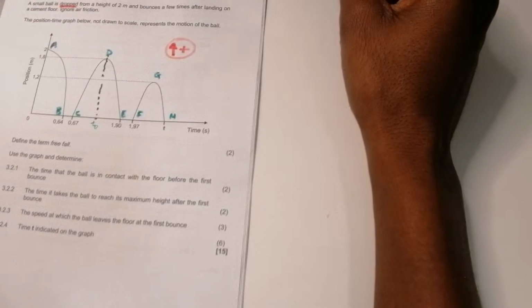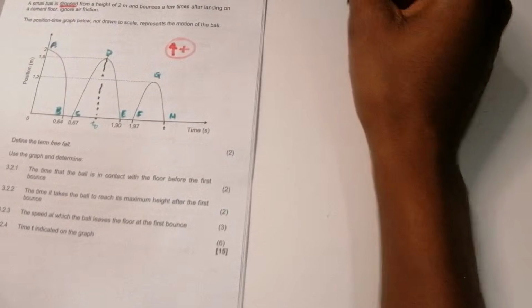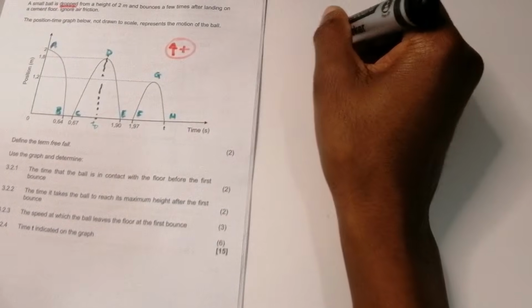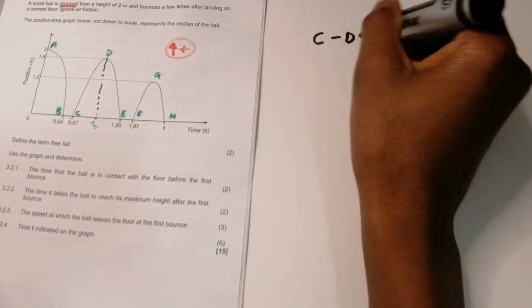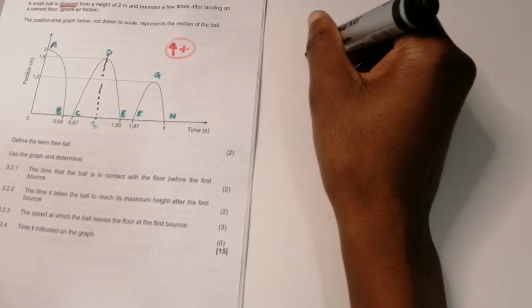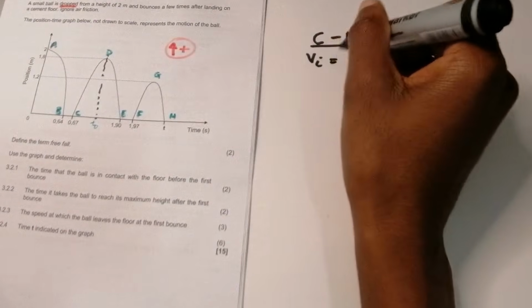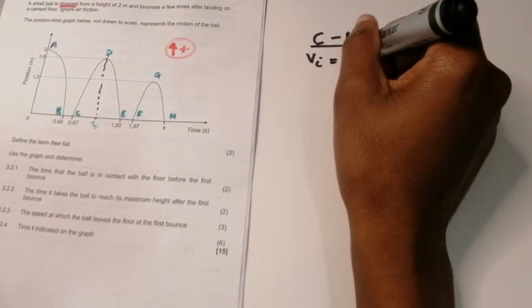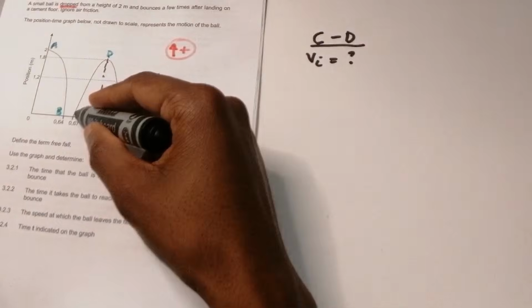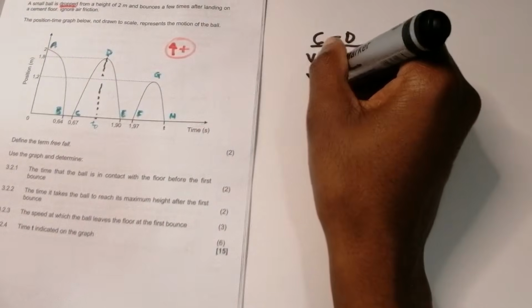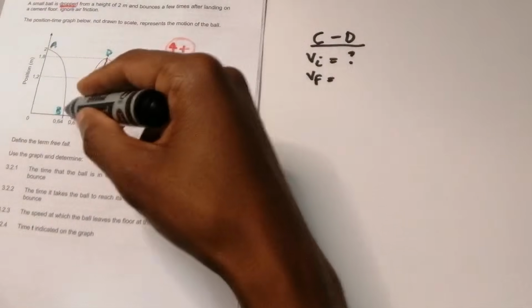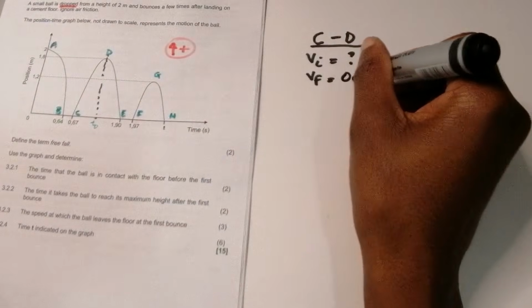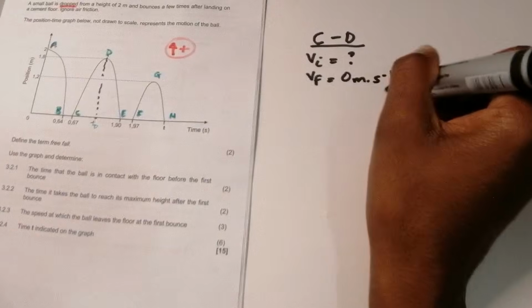So I'm going to take information between C to D, right? Okay, so initial velocity, we don't know what it is there. We don't know at what speed it left. Final velocity, remember maximum height. What happens at maximum height? You're quite right, it stops.